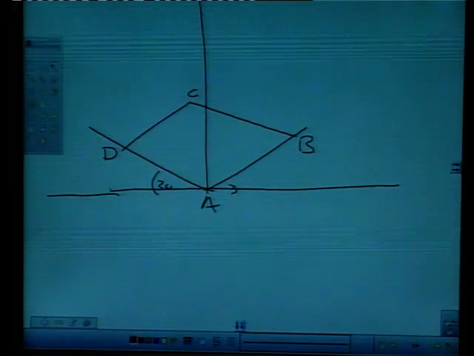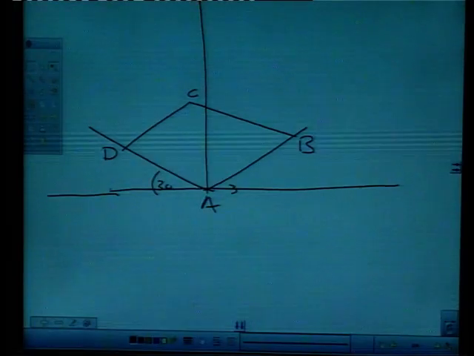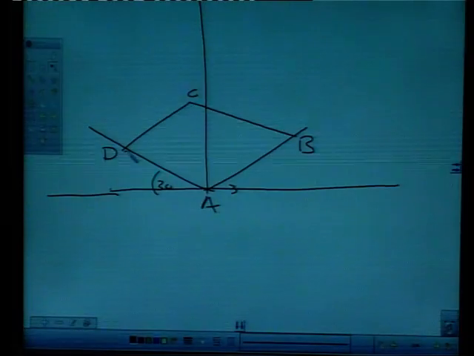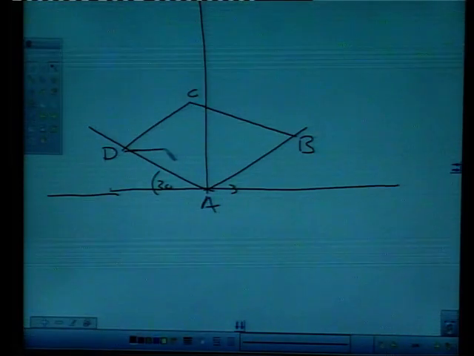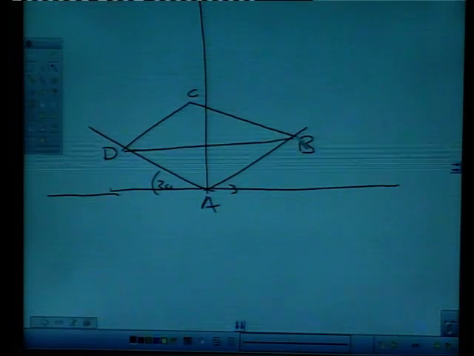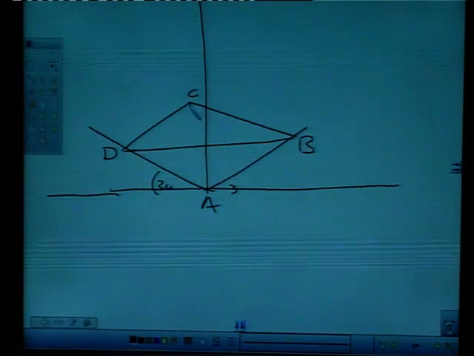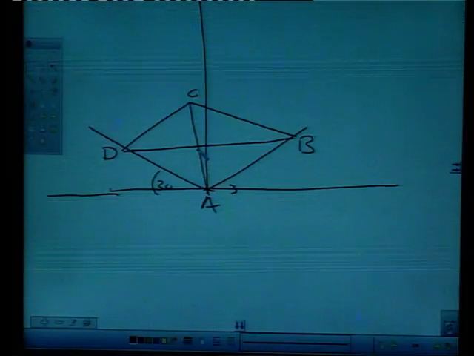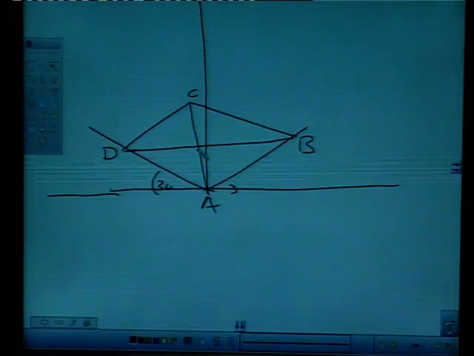First of all, they should work out the base of the axis. Base of the axis will be here, like we can get base, join B and D, join A and C. This will give us a point here. Actually, this is the base of the axis.